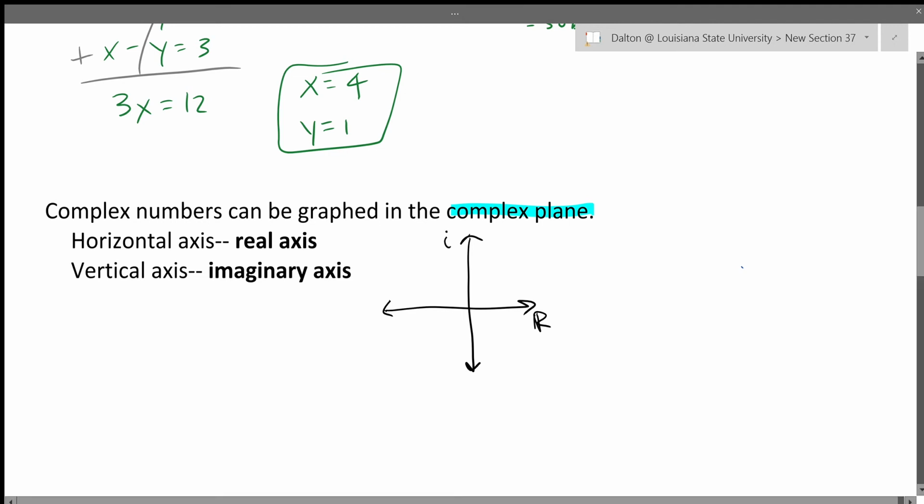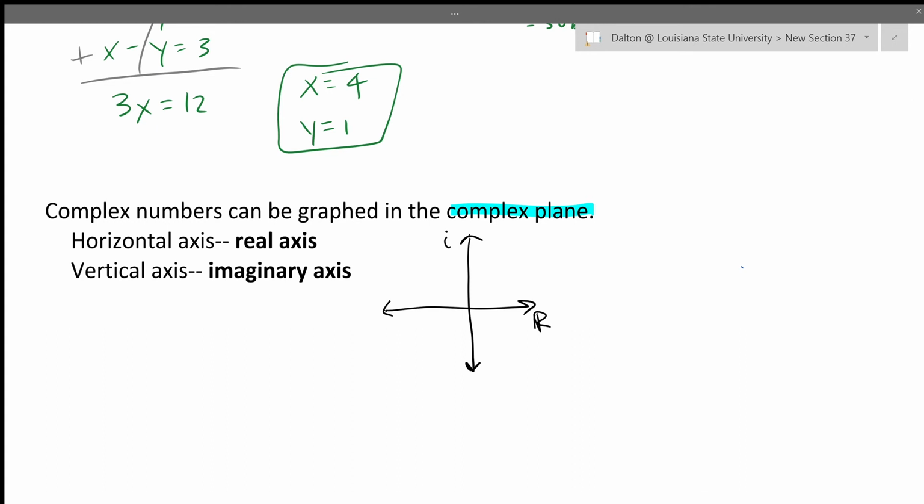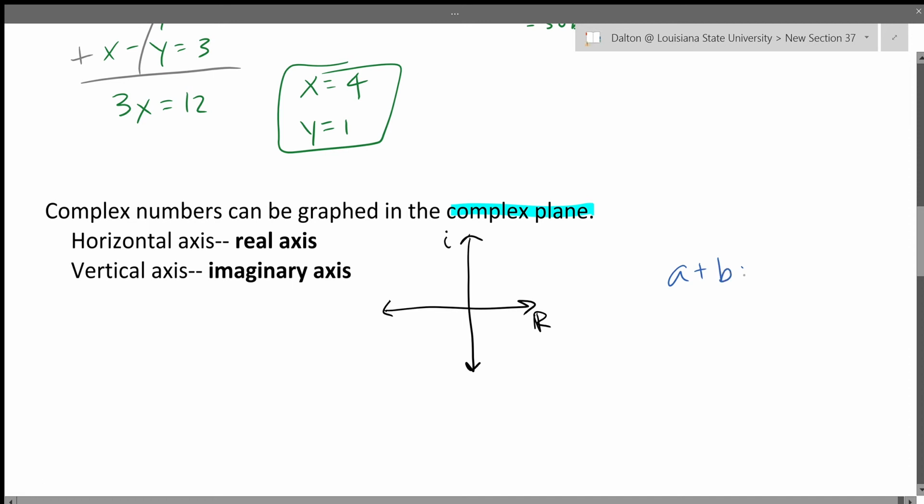Okay, so basically they will take on the form, if I earlier said that it was a plus bi. They're actually really easy to graph. You start at the origin. A will almost act as the x coordinate.